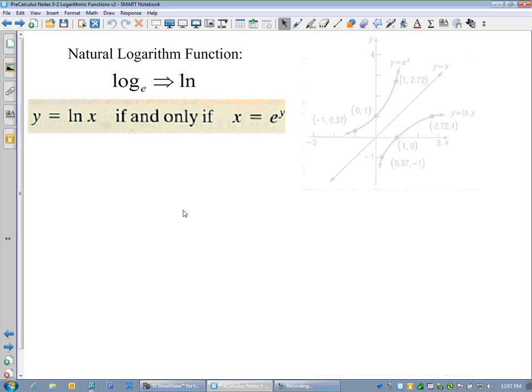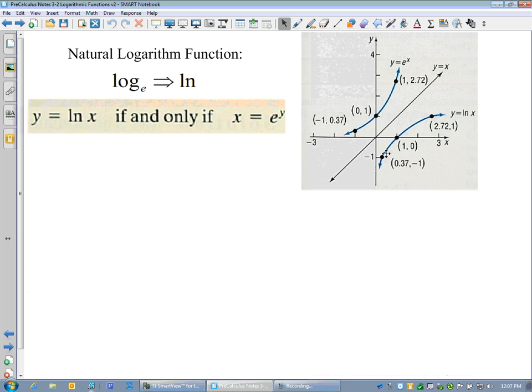So that is a very common function. If you want to see what the graph looks like with its slope, that would be y equals the natural log of x, and compare that with y equals e to the x, two very important functions in higher mathematics. Also in science, the common log has been used a lot. When we look at the common log, that is base 10. Even though it's called the common log, we don't actually use it that much anymore. Natural log is definitely used more than common log.